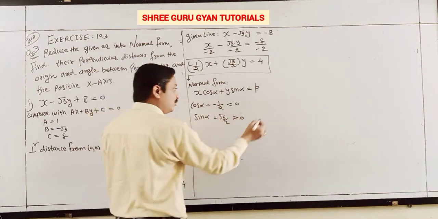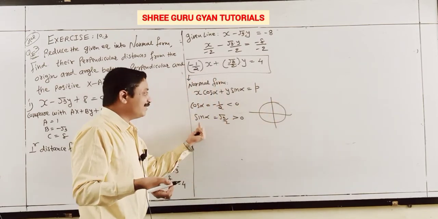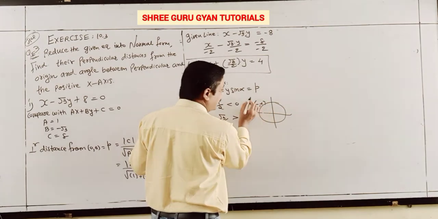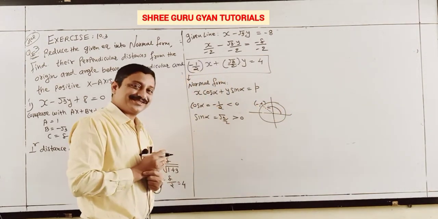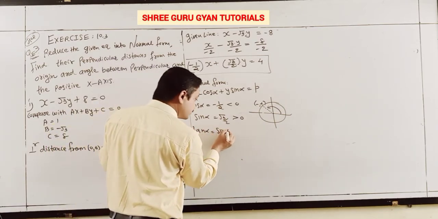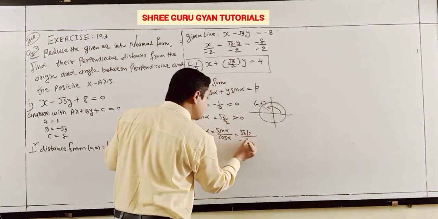Sin is positive and cos is negative, so your quadrant is the second one, and your angle is 90 plus something. So tan alpha is sin by cos, exactly root 3 by 2 upon minus half.